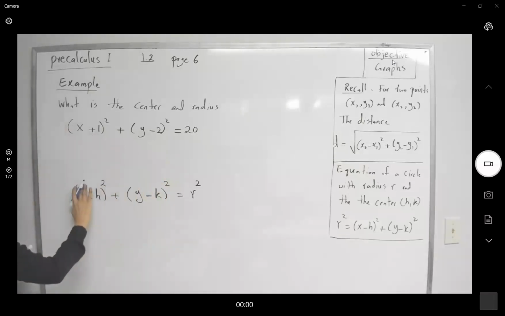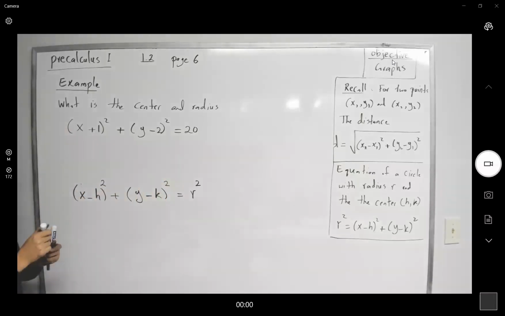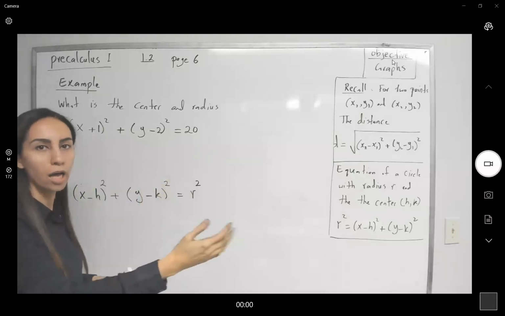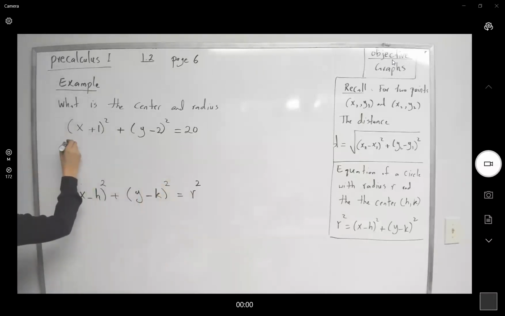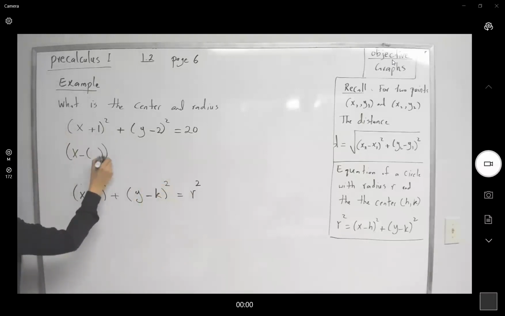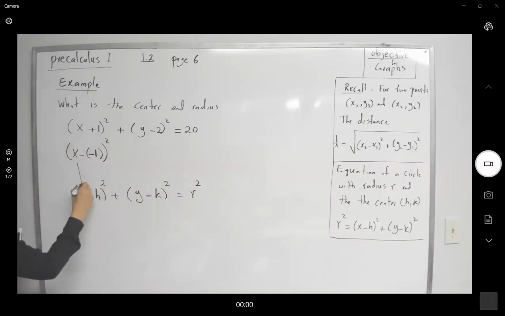But how do I do that? Well, a plus sign is minus times minus. So it was originally x minus negative 1. It wasn't a positive number originally. It was a negative number. So now I have my x, I have the minus sign, and I have my h, which is a negative number.